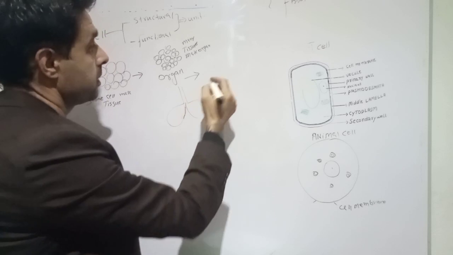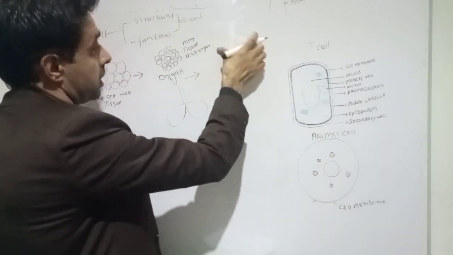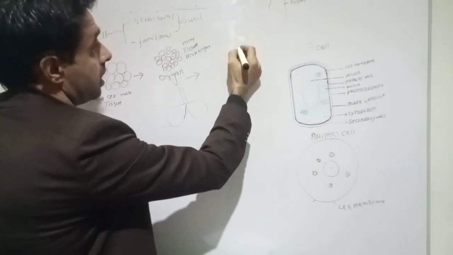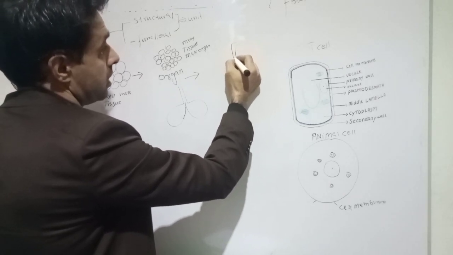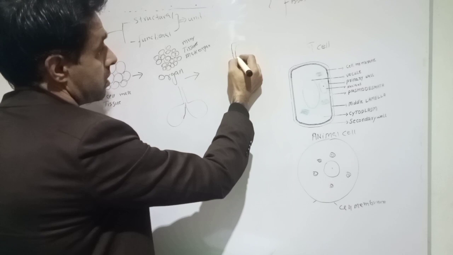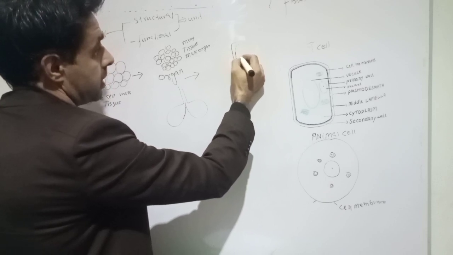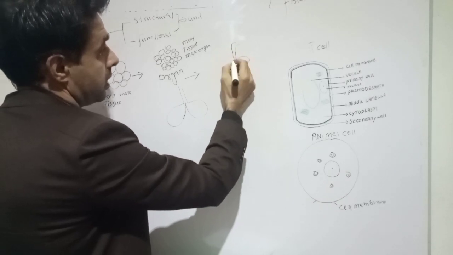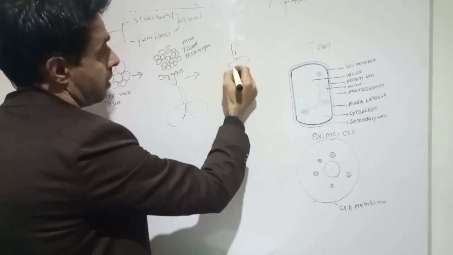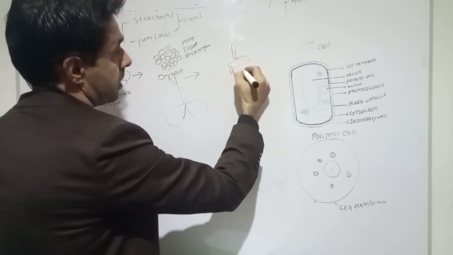Let's suppose we have the digestive system. I'm going to draw the digestive system. Now it's our mouth. Now it is the esophagus and pipe, and that is the stomach. Now it's the small intestine.